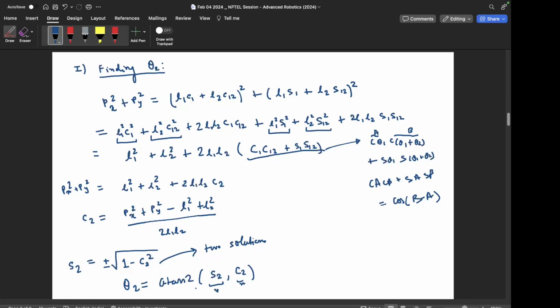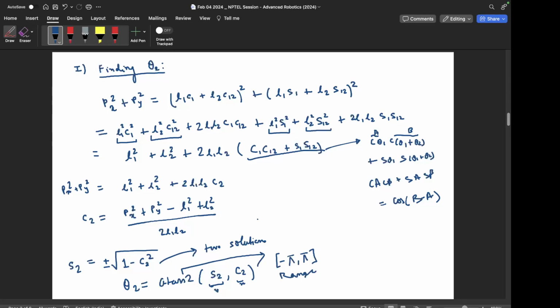So if tan of theta 2 is y by x, so tan inverse of y by x is theta 2, and the use of a tan 2 is that its range is minus pi to pi, which is commonly used in robotics applications. So in robotics, wherever you need to take tan inverse, you have to use a tan 2.